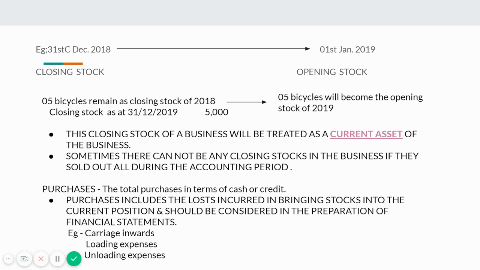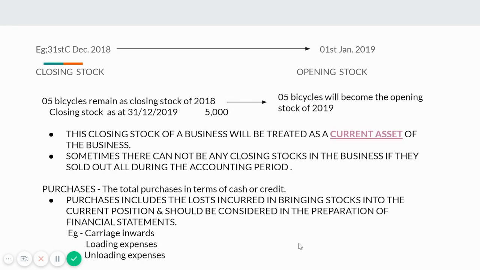So until then they have to spend different expenses, loading and unloading at the port, and then transporting from the port to the business premises. The transportation cost and other labor charges all have to be considered. Otherwise you will end up with a wrong profit.